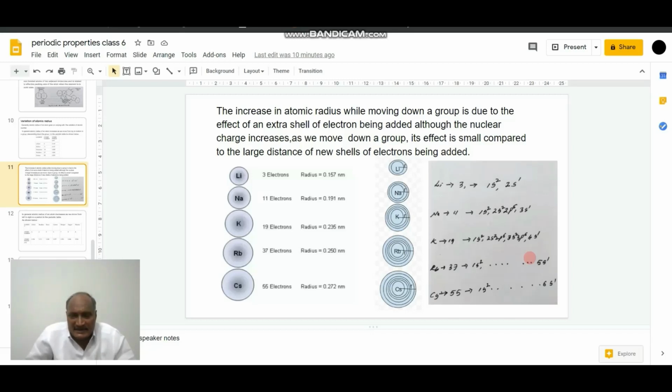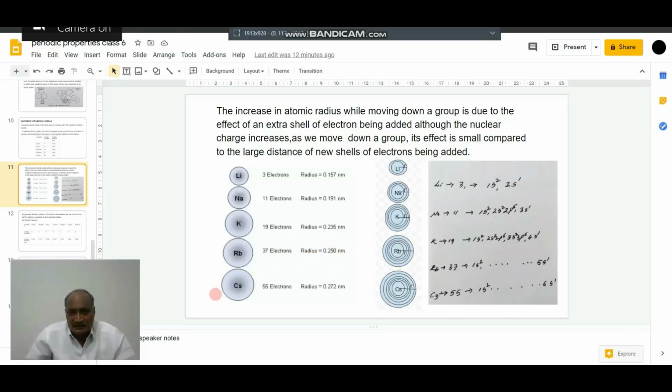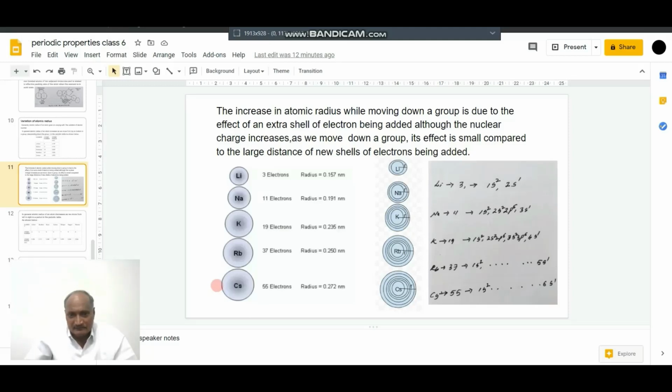Hence, the size of rubidium is increased, as well as the radius of rubidium. Hence, the atomic radius of rubidium is found to be 0.250.